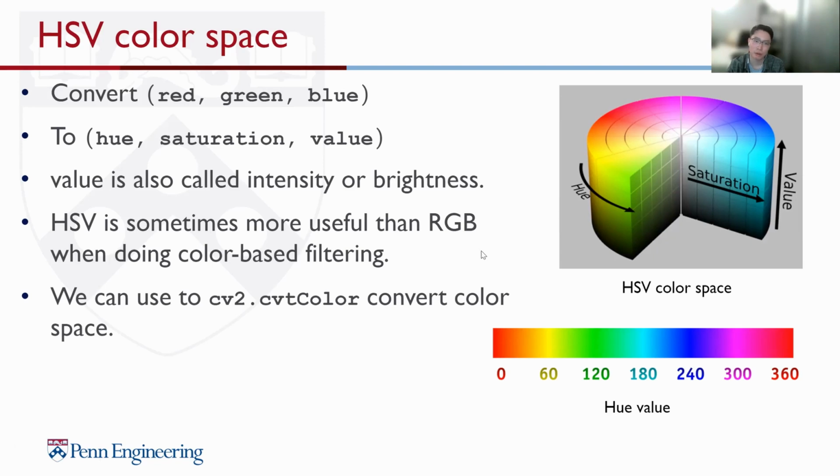That's because for a human, two color points may be very close, but in RGB space the numbers may be very far apart, like in Euclidean distance. So it's hard to group colors in RGB, and we can use this function to convert color space. And here are the different values of the hue.